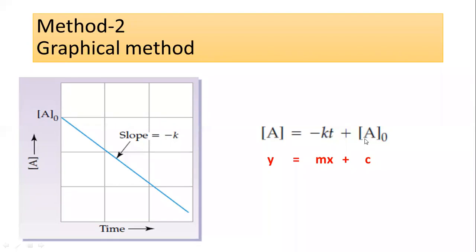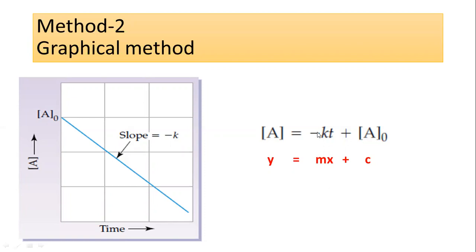This is the time, and A naught is the initial concentration, or you can say this is the concentration at time zero. So both are concentrations, but the difference between this A and this A is that this is the concentration at the start, that means at time zero, and this is the concentration after the start of the reaction, that means other than zero, and it depends how long the reaction is prolonged.